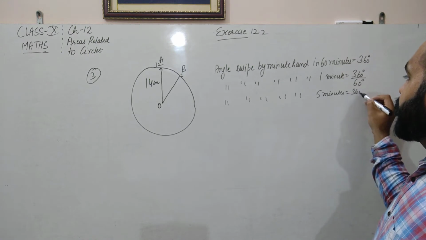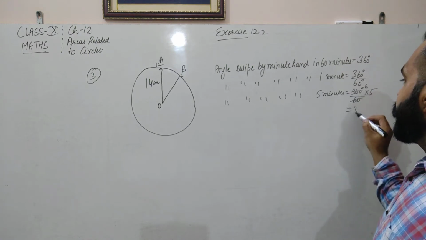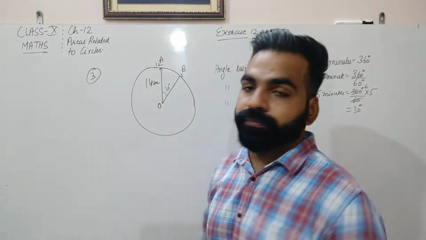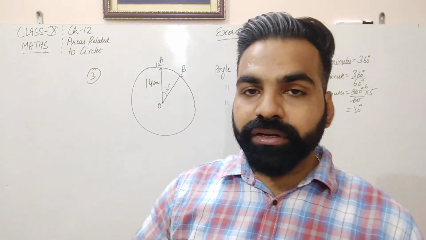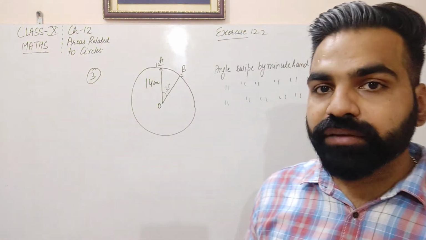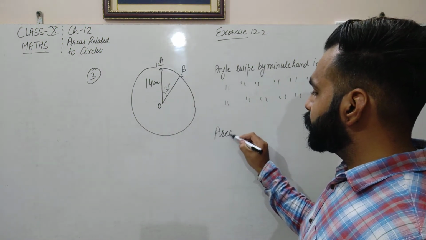So this will be 360 by 60 into 5. This will be equal to 30 degree. So this angle is 30 degree here. In each minute the minute hand swipes angle of 6 degree. So after 5 minutes it will swipe angle of 30 degree. So now we have to find area.